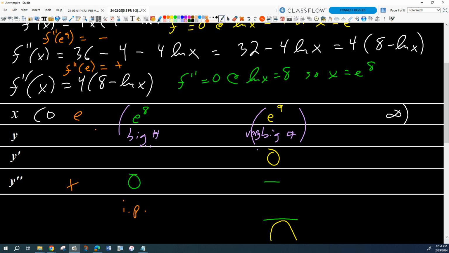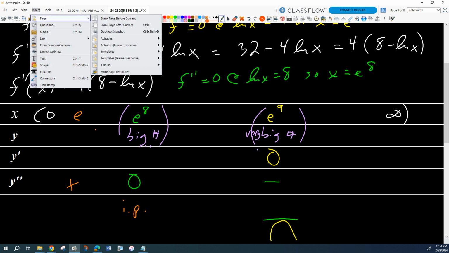Mr. Ward? For the second derivative being 0, could it be anything other than an inflection point? Yeah, it doesn't have to be. It's only an inflection point if the second derivative is 0 and there's a transition in sign. Otherwise, it's not. Here's an example. Remember, we looked at x to the 4th.